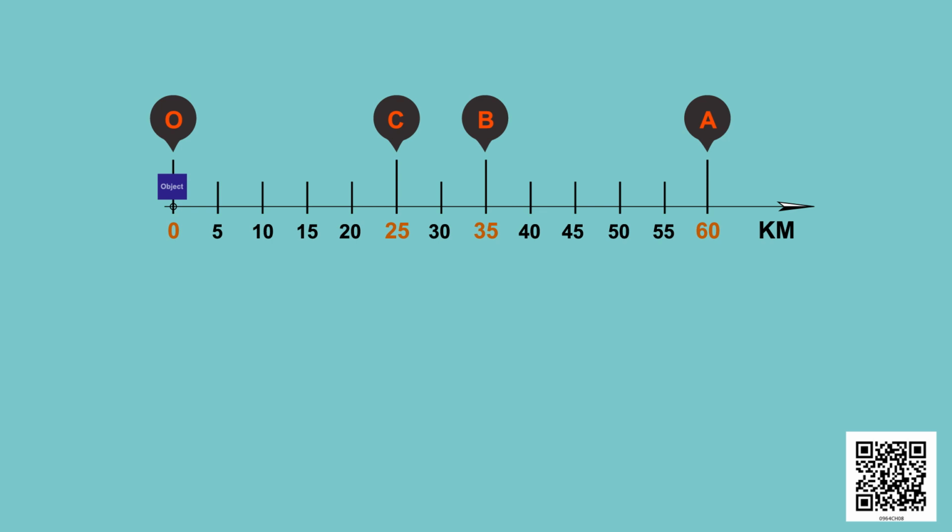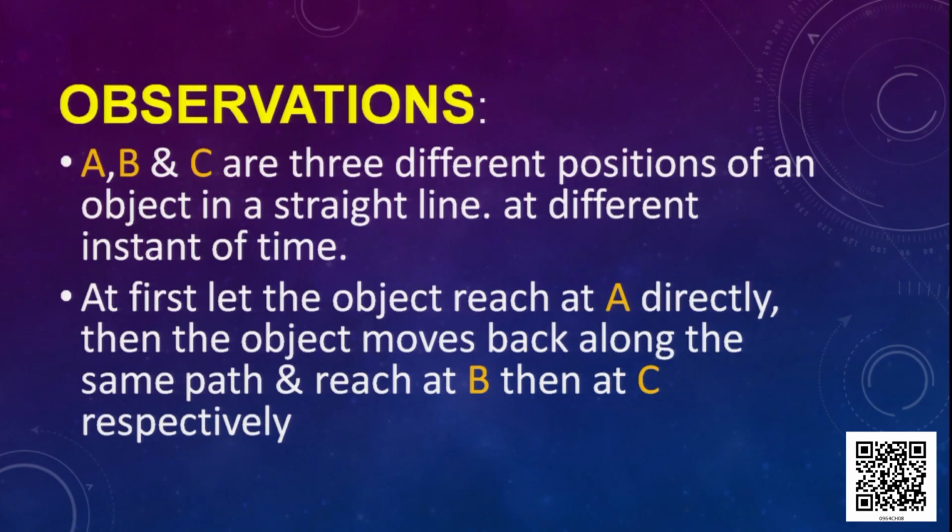Here I am showing you the position of an object which moves on a straight line from a fixed reference point O. I have already explained the reference point. Here the fixed reference point is O. From that point O, the object is moving. See the observations: A, B and C are three different positions.